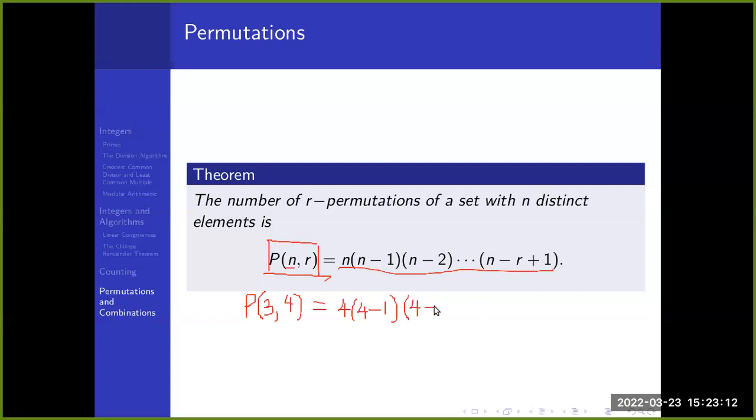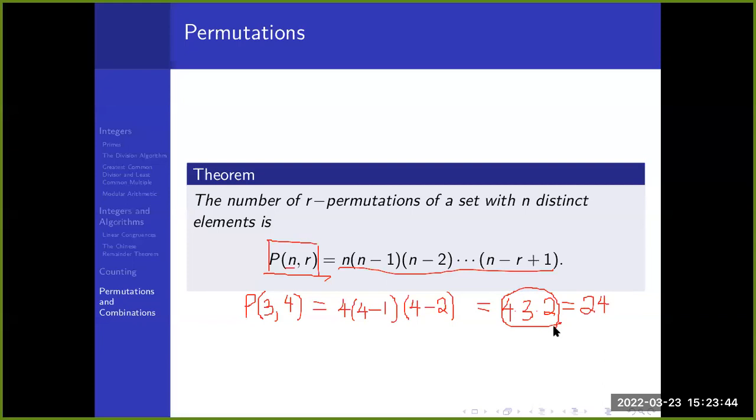That should be the last one, right? So what will this be equal to? This will be 4 multiplied by 3, multiplied by 2. So this gives us what? 24.